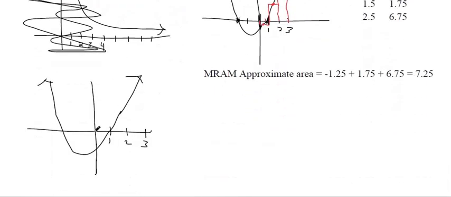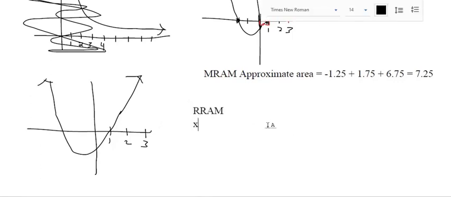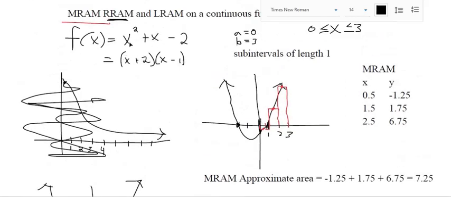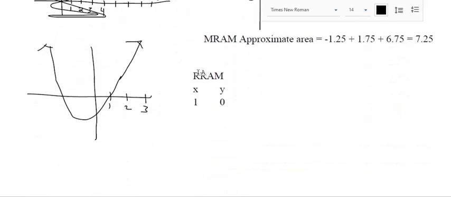But RRAM says look between 0 and 1 and use the right side of your interval to find out the height. So we could do a table again if we want. If I plug in 1 into my function, I can already tell it's going to be 0, right? Because 1 squared is 1, 1 plus 1 is 2, 2 minus 2 makes 0.